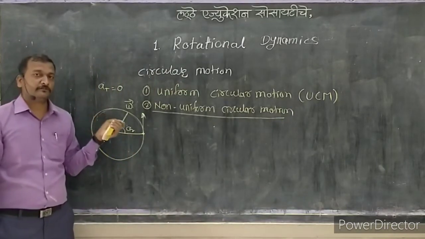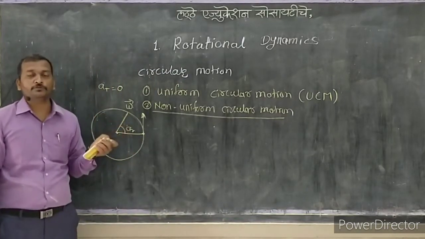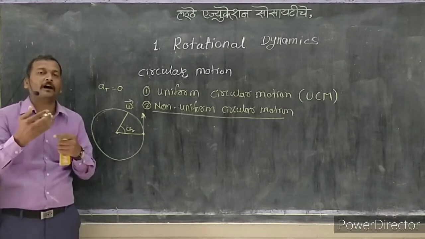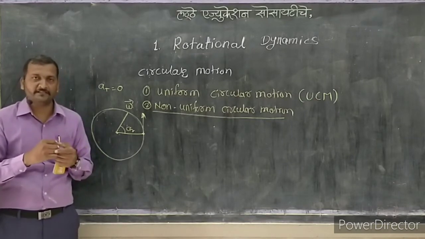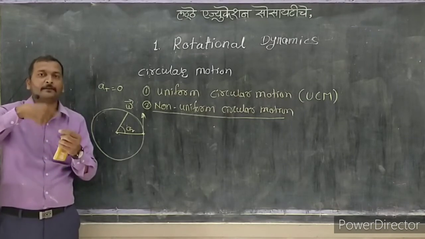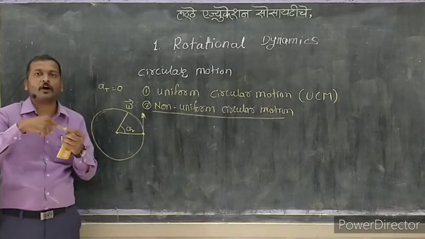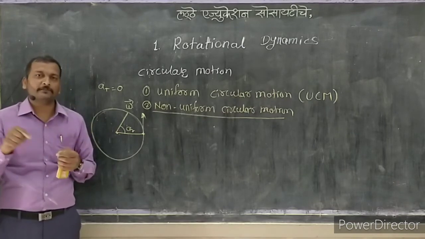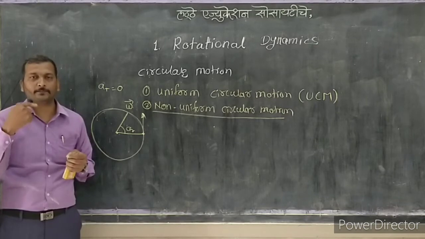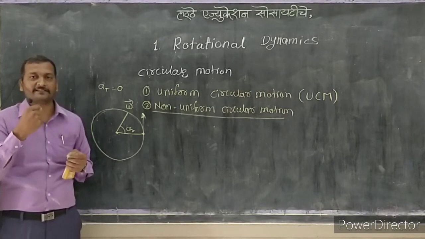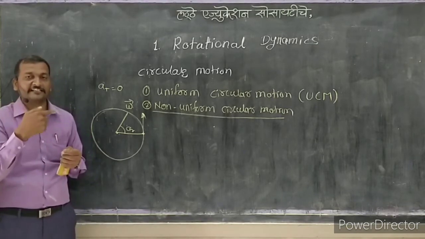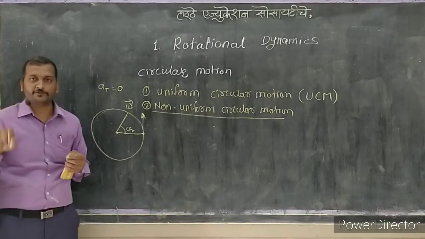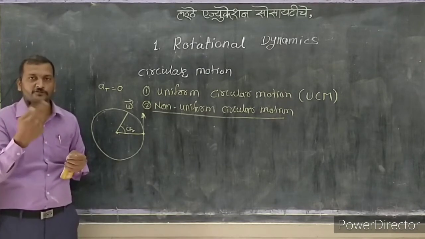In non-uniform circular motion, the particle moves with increasing or decreasing speed, meaning the particle is speeding up or slowing down in the circular motion. For example, if we switch on a fan, the particles at the tip of the fan have increasing speed. Similarly, if we switch off the fan, the particles slow down.